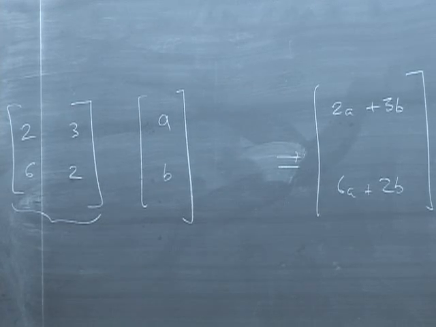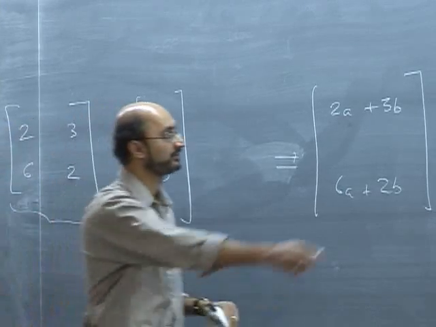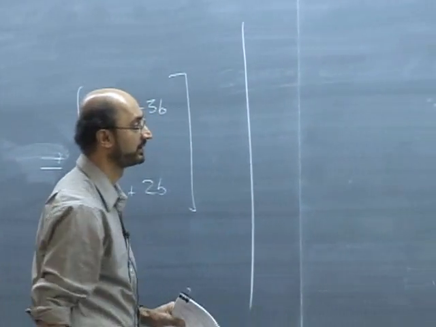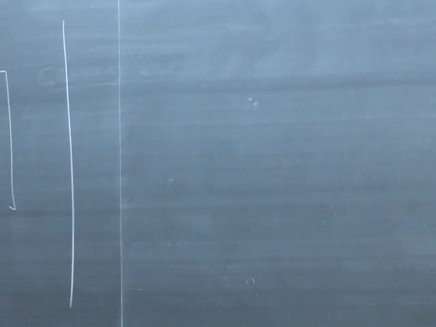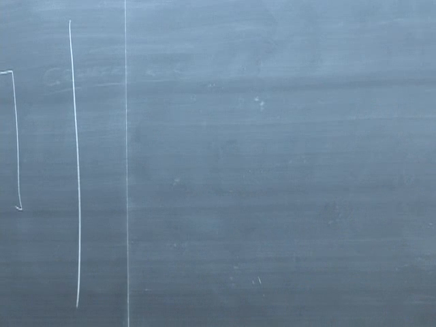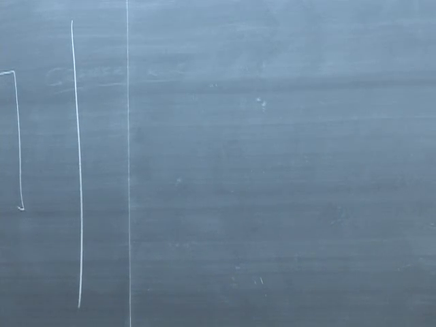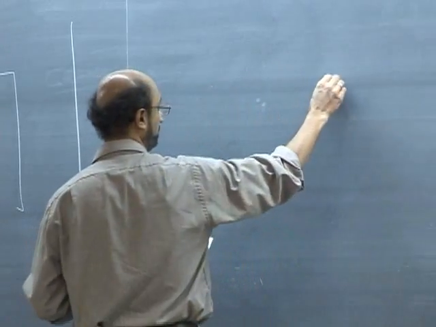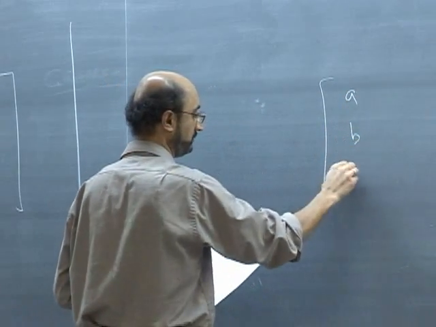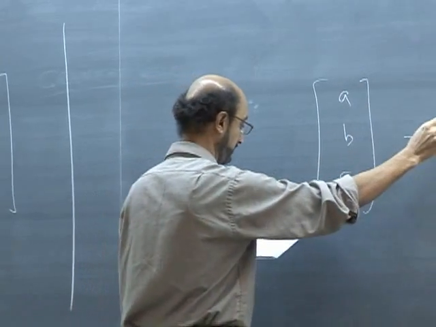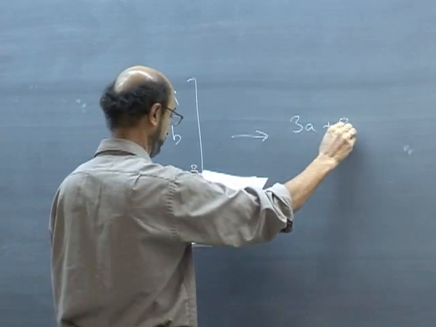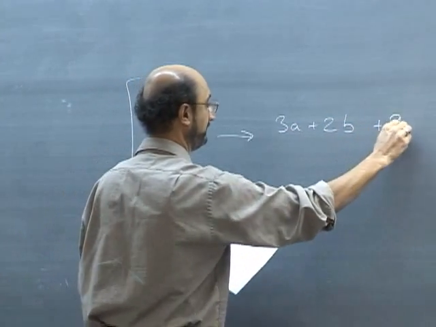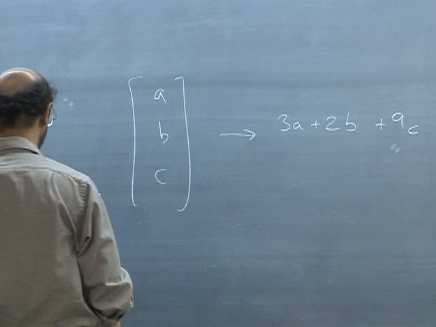Just to give you a sense of this, that's why I had those two homework questions. The first homework question was saying, how do you get from A, B, C to the vector 3A, 2B, 9C?